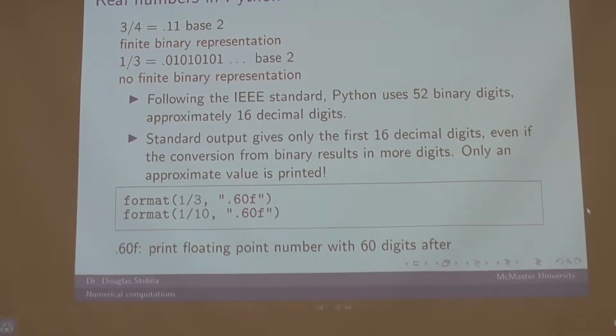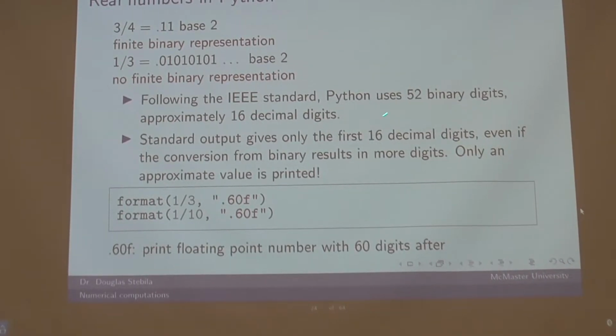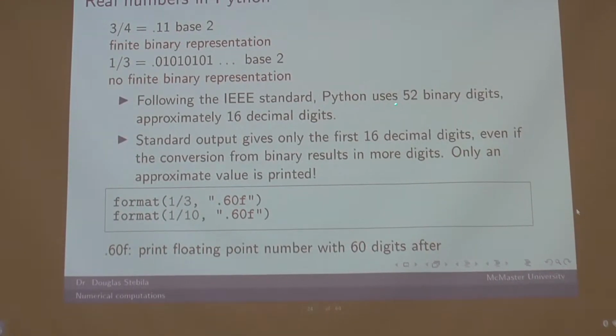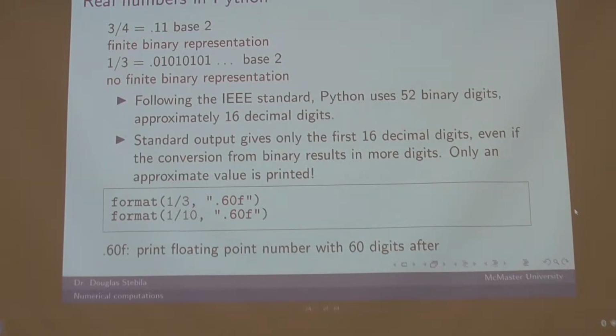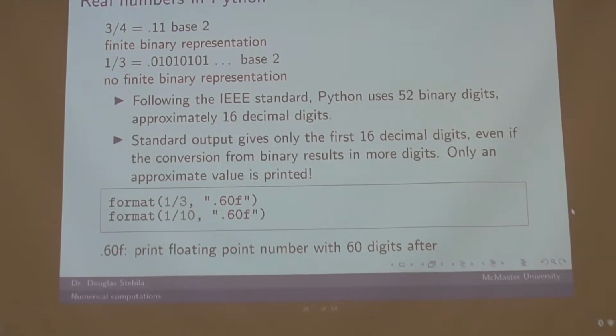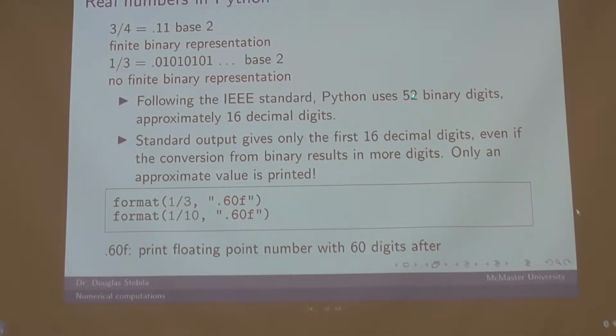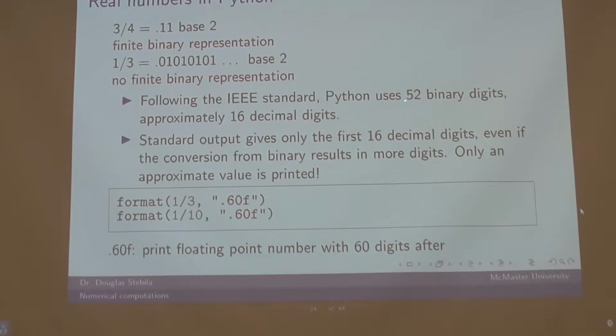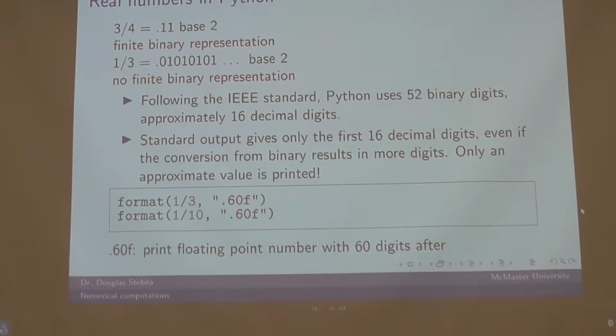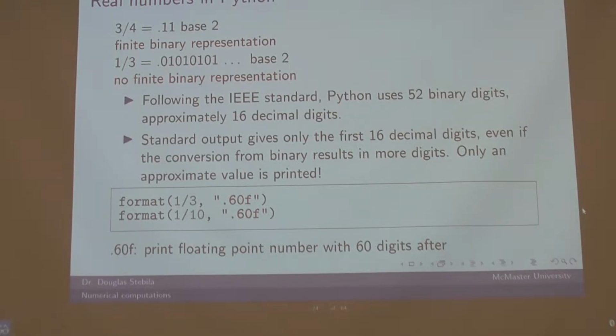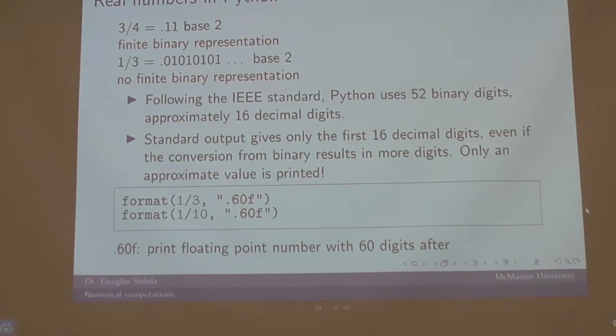Under double precision floating point arithmetic, you have 52 binary digits, right? These 52 digits are the number of digits used to represent the fractional component, right?